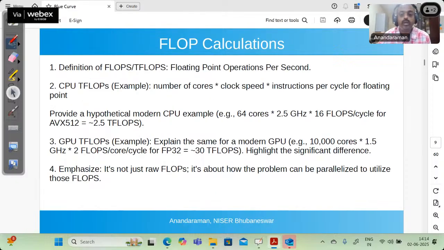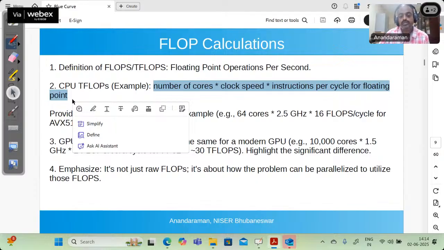So how do we calculate floating point operations? This is the formula: number of cores times clock speed times instructions per cycle for floating point. For Intel, the instructions per clock cycle for floating point is 32.